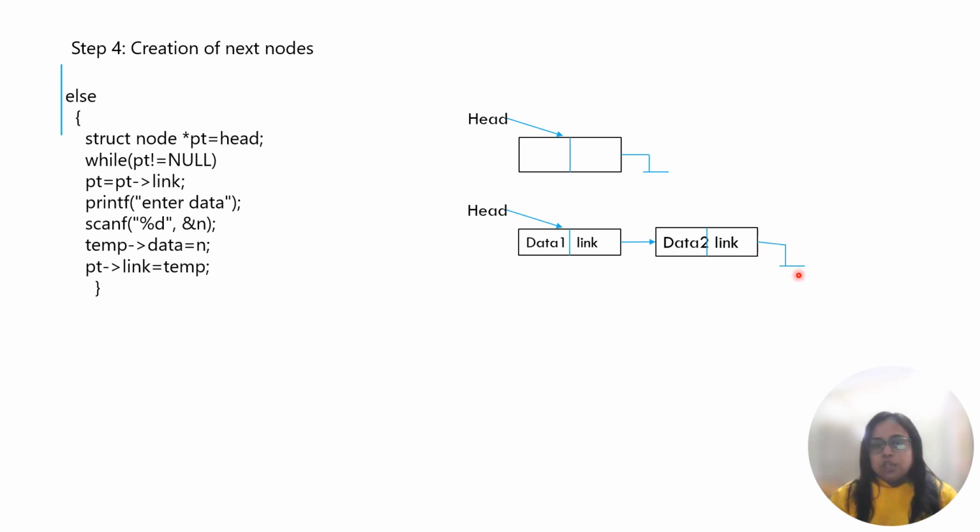Means up to this end point we will traverse. At first only one node is there, so this loop will be executed once. Then we will take the data, and here it must be pt, sorry, I have to correct this one.